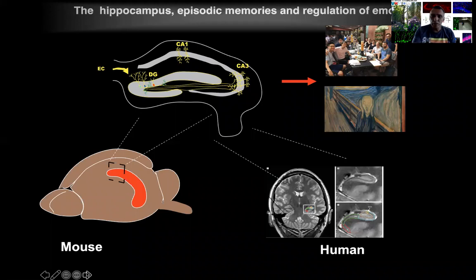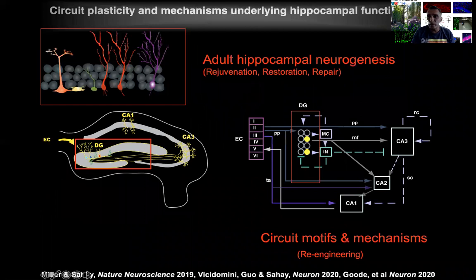In my laboratory, we're interested in a unique form of hippocampal circuit plasticity, adult hippocampal neurogenesis, the process by which dentate granule neurons arise from these radial glial neural stem cells in the dentate gyrus of the hippocampus throughout life. In a complementary line of work in my lab, we spend a lot of time thinking about this wiring diagram of the hippocampus.